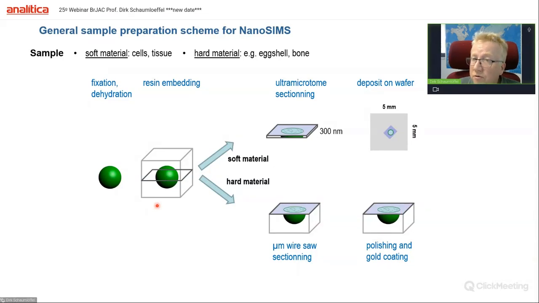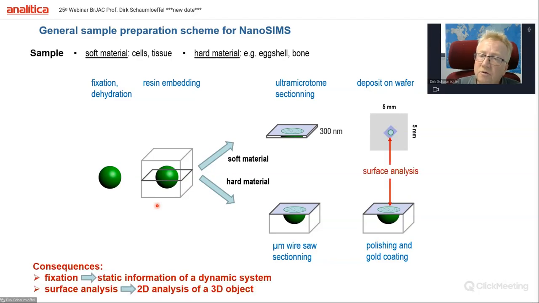And why gold coating, and also why these silicon wafers? Because we need a conductive surface for SIMS analysis, SIMS imaging. So what is the consequence? We do first of all a surface analysis. So the consequence is the fixation means that we have static information of a dynamic system.